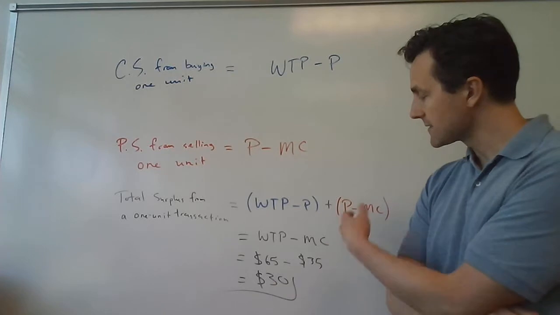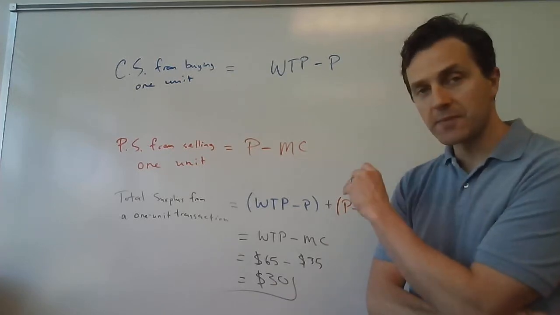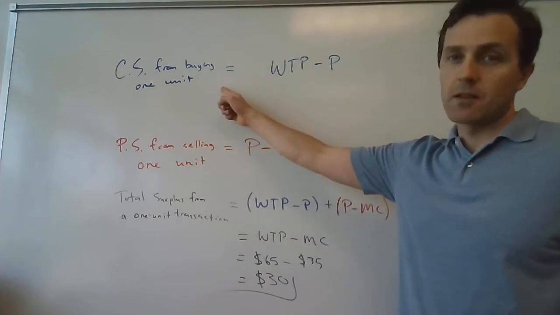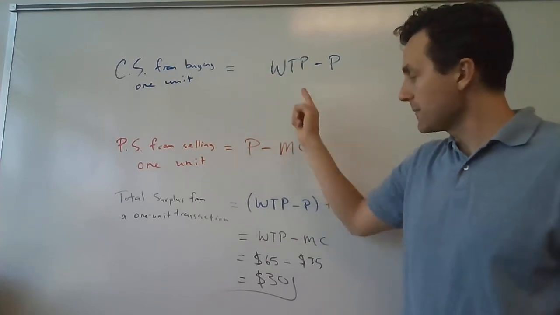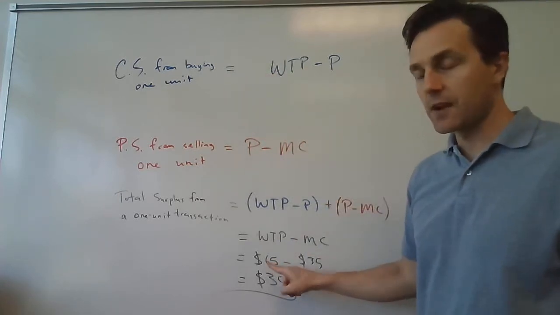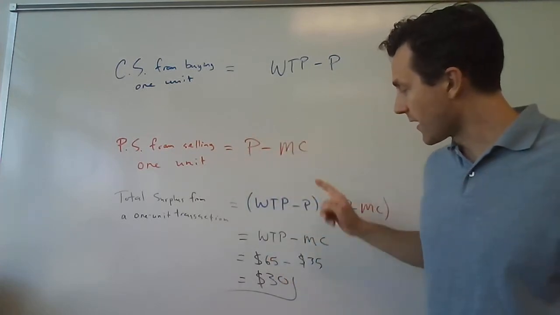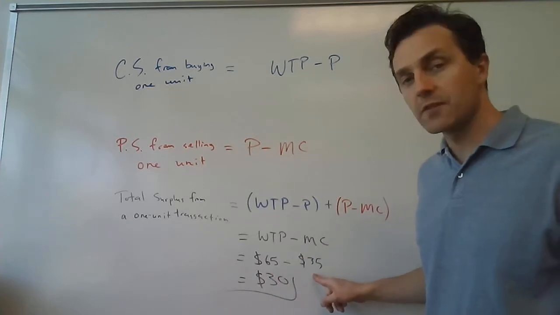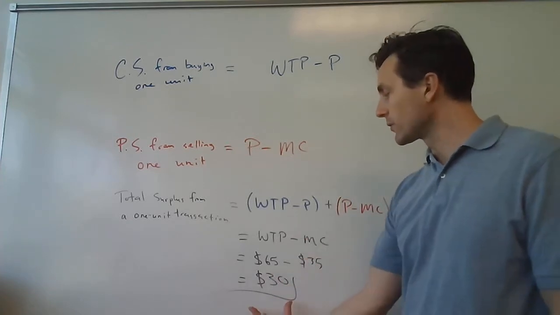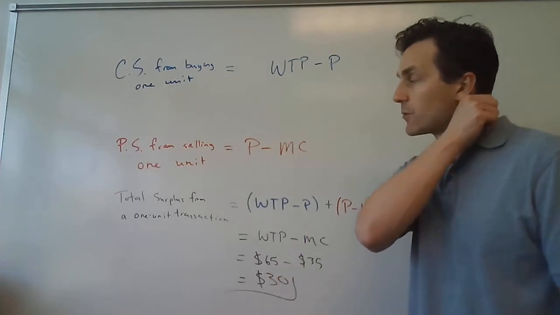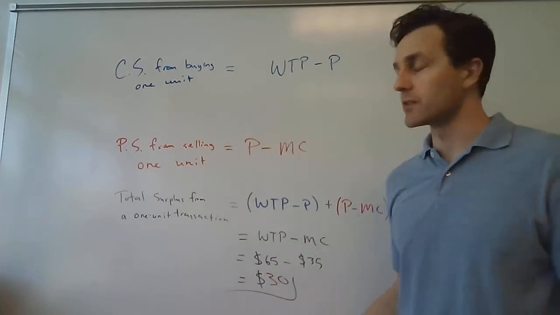So in this case, the total surplus from this transaction, if it were to take place, is Arnold's willingness to pay, $65, minus Brenda's marginal cost, which is $35. So $65 minus $35. The total surplus gained from Brenda selling her bike to Arnold would be $30.